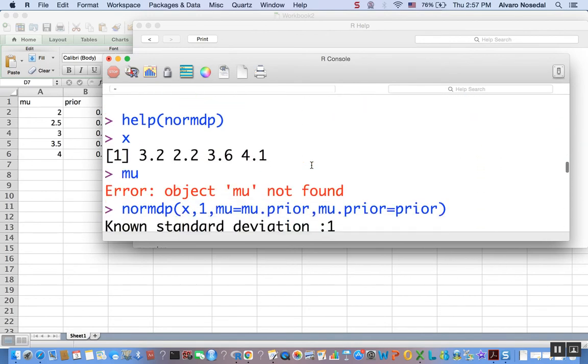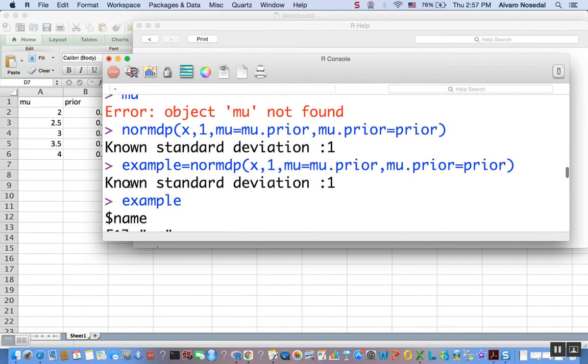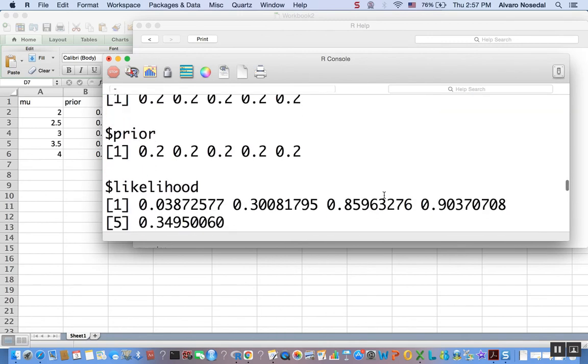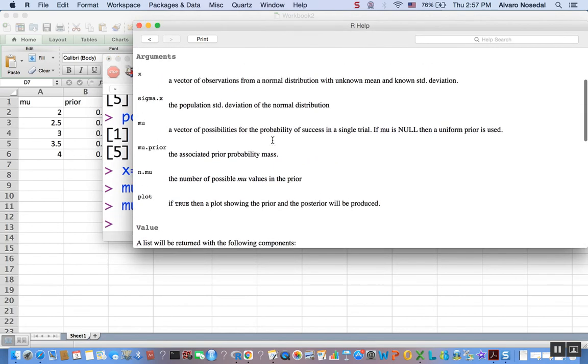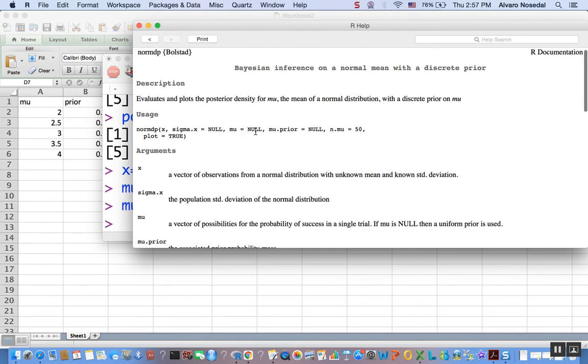So now let's try and do the same thing, but now we're going to have the same names that you would have here, to avoid any sort of misunderstanding between this function from the library and the way that we named our objects.